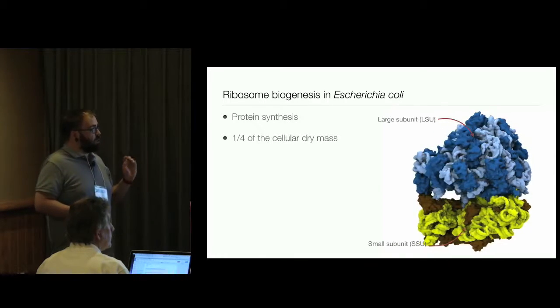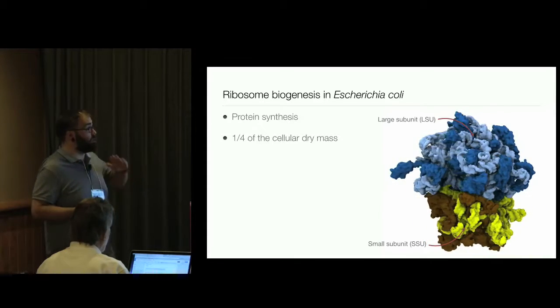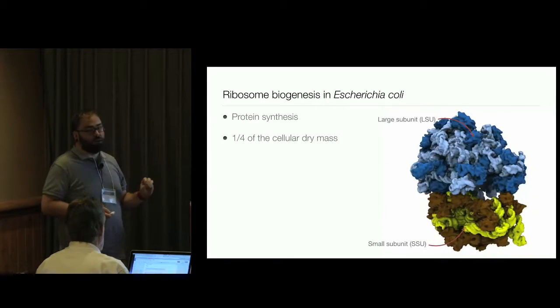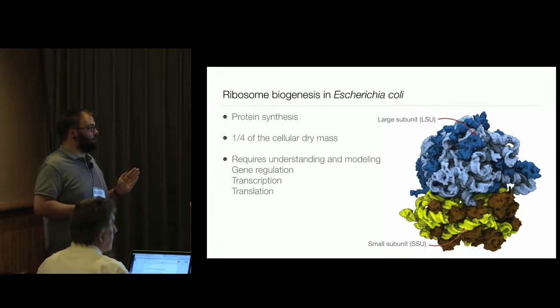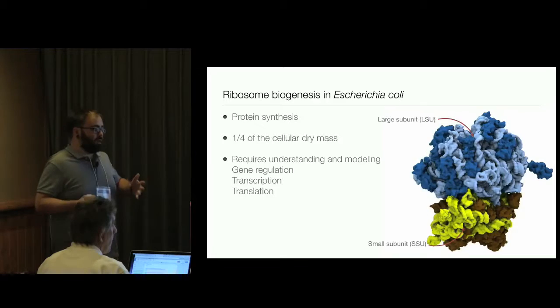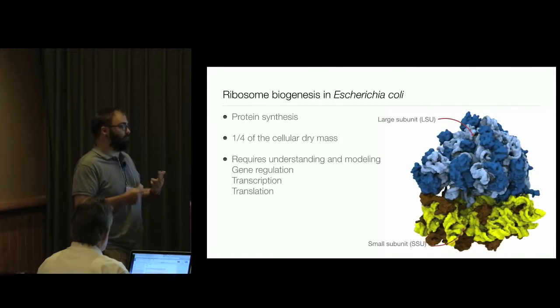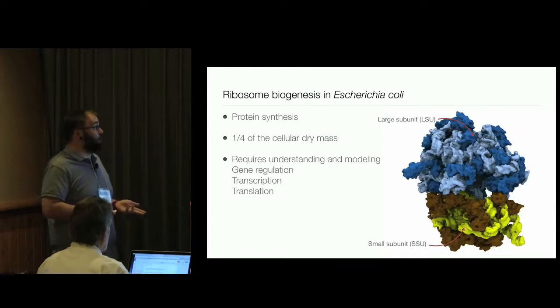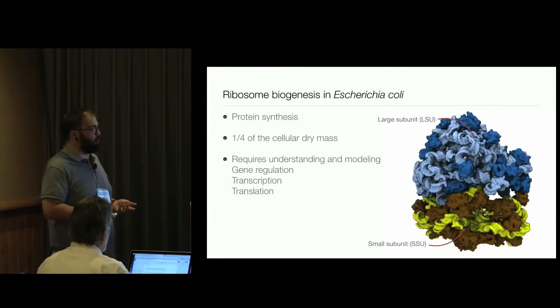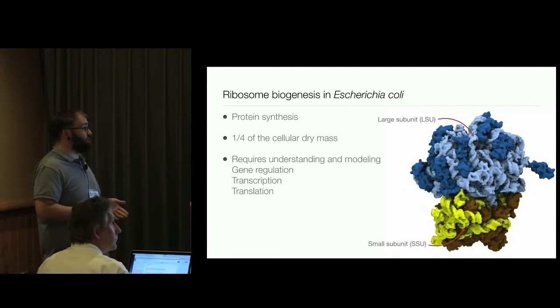If you're interested in coming up with a whole cell model of E. coli that includes ribosome biogenesis, for ribosome biogenesis alone, you need to understand gene regulation. So how the ribosomal RNA is transcribed, and how the protein mRNA is transcribed. You need to know how it's regulated, you need to know how transcription works, and you need to know how translation works.